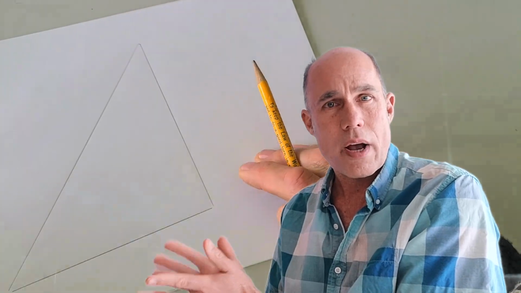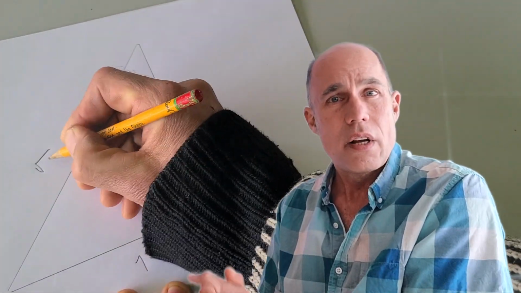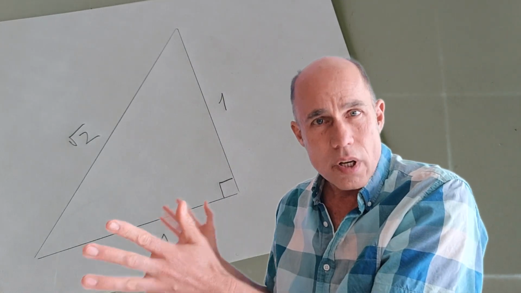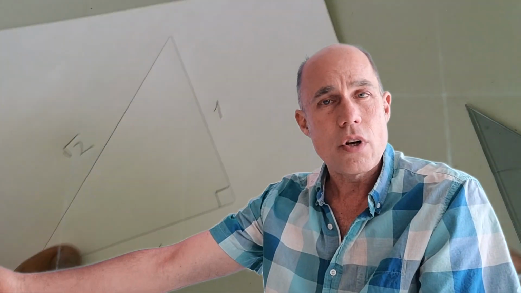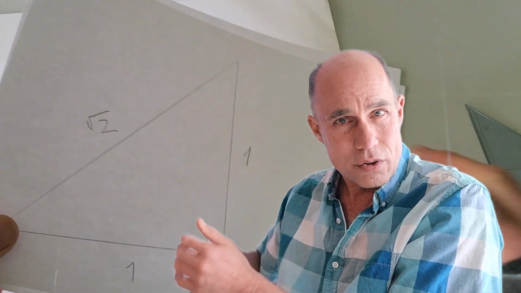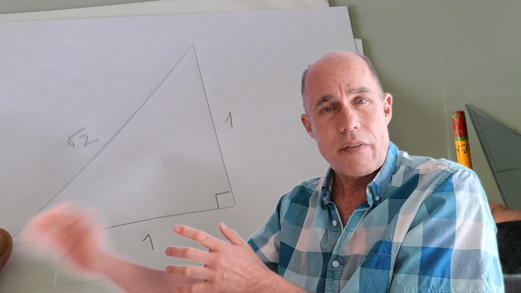Similar to how the triangle with sides of 1 and 1 on either side of the right angle gives the square root of 2. That's a foundational triangle that exists throughout the Cartesian plane. Anywhere you go along the x-axis, you can go up the y-axis, you'll find a point, and the distance between 0 and that point is always going to be in units of square root of 2.